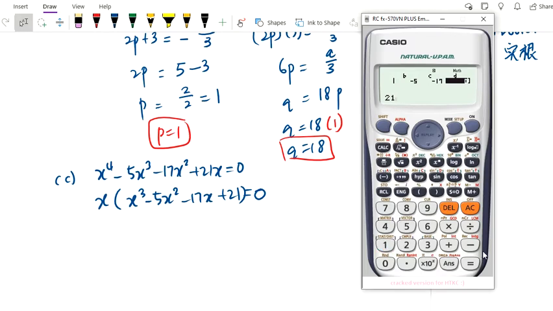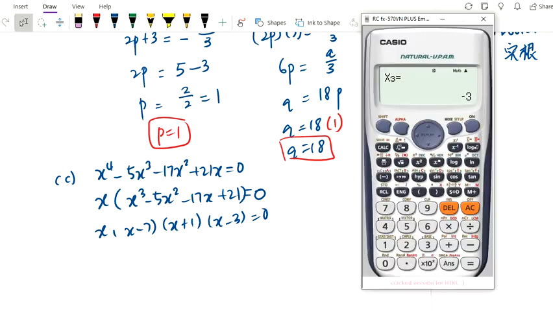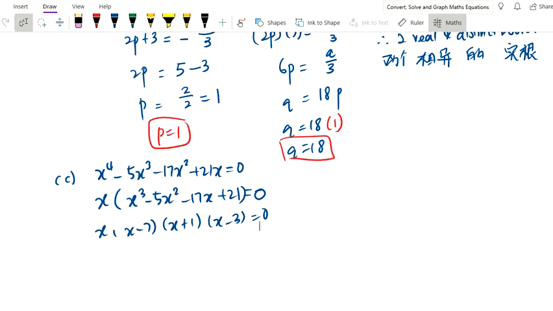There you have 7, 1, and negative 3. So it's x minus 7, x minus 1, x plus 3. Okay, x minus 7, x plus 1, x minus 3 equals to 0. Am I right? Let's check that out. Sorry, this one should be negative 1 and plus 3.